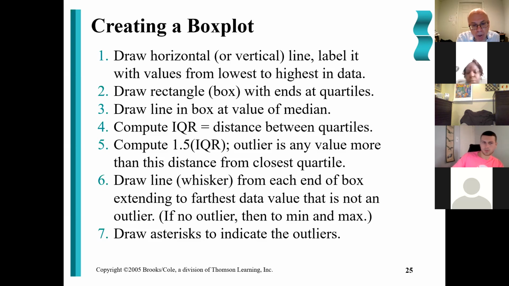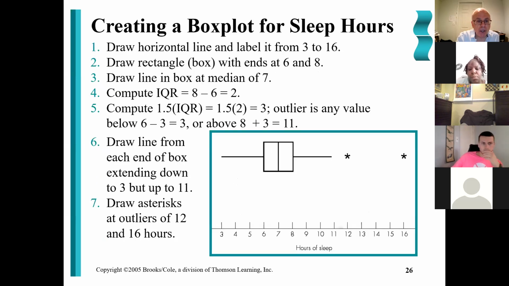We've calculated 1.5 IQR is 3, right? It's 2 times 1.5. Now, what we want to do is take our upper quartile and add 3 to that number. What is the upper quartile? It's 8, right? So we add 3, this number here, to 8, we get 11.